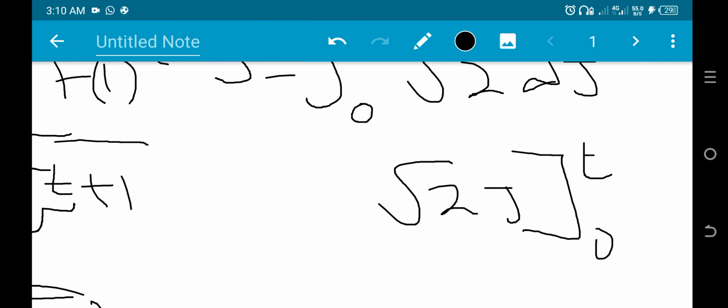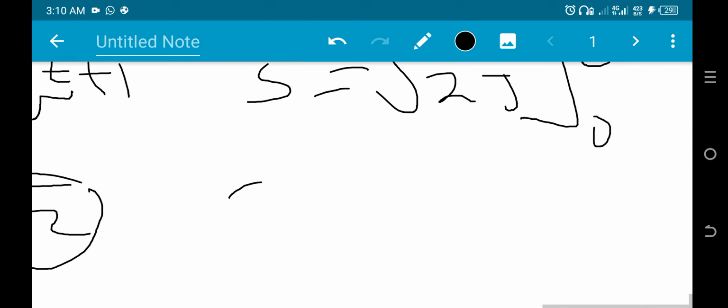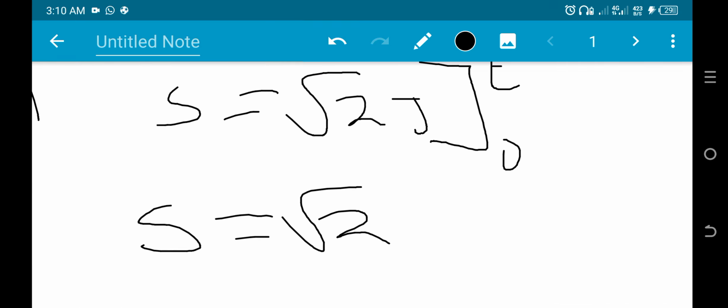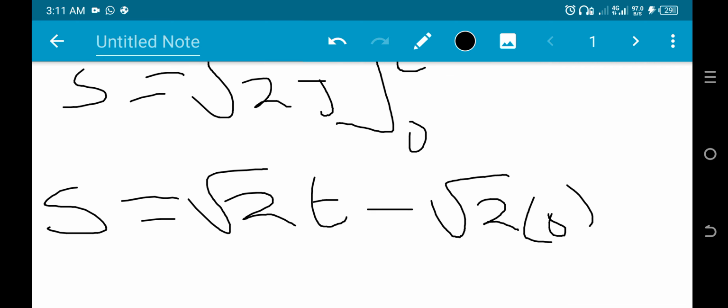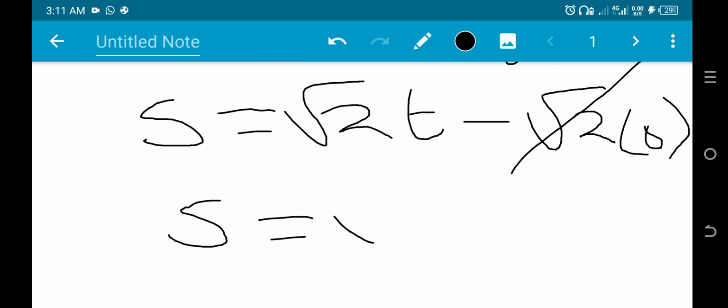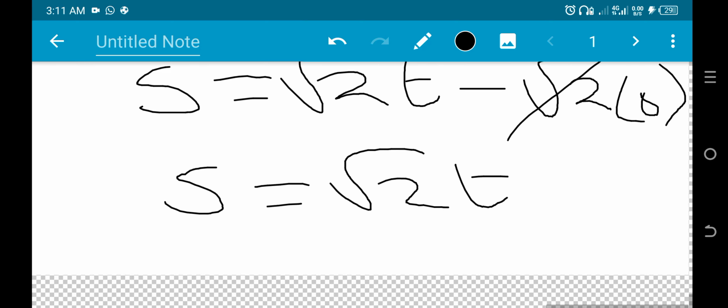So s is equal to root 2 times t, minus root 2 times 0. The second term is 0, and s simplifies to root 2 t.